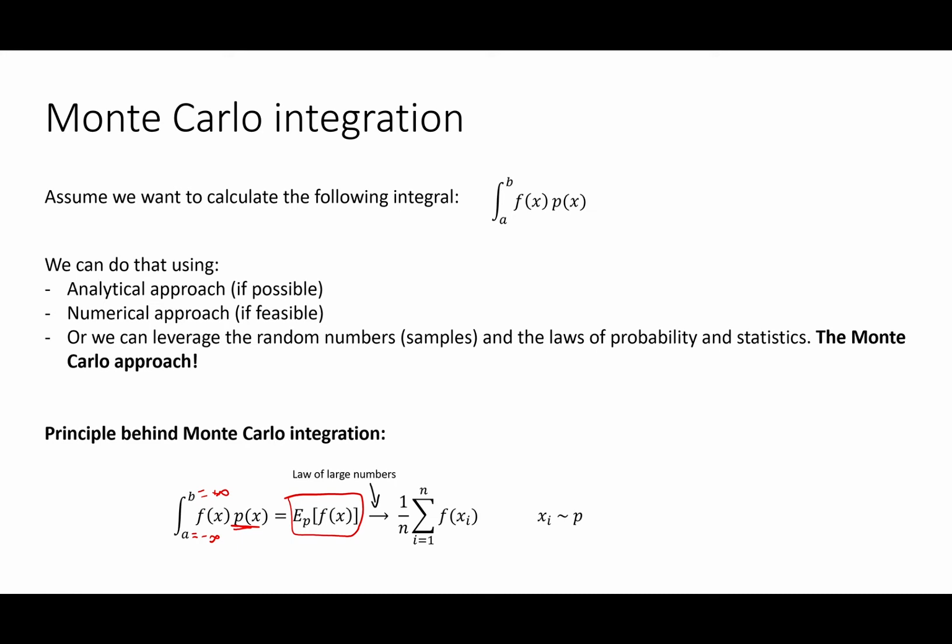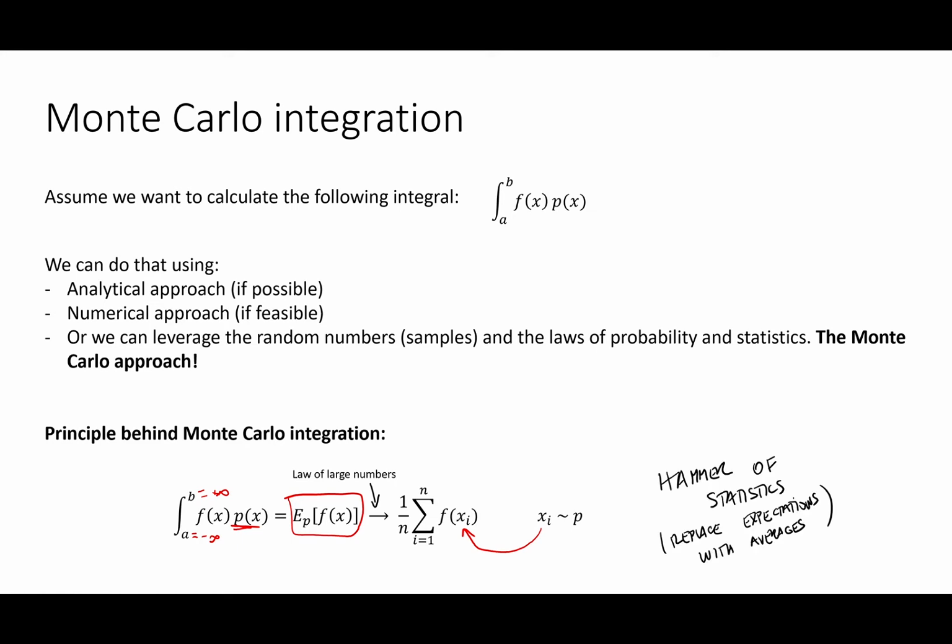If we sample from this distribution p, plug these samples into the function f, and take the average, we will get a really good approximation of the integral on the left side. And this is just awesome.